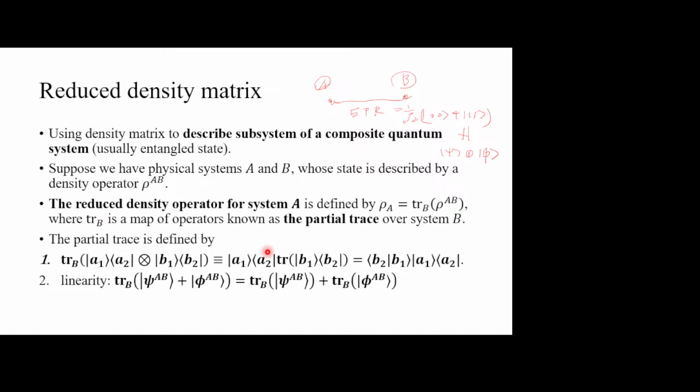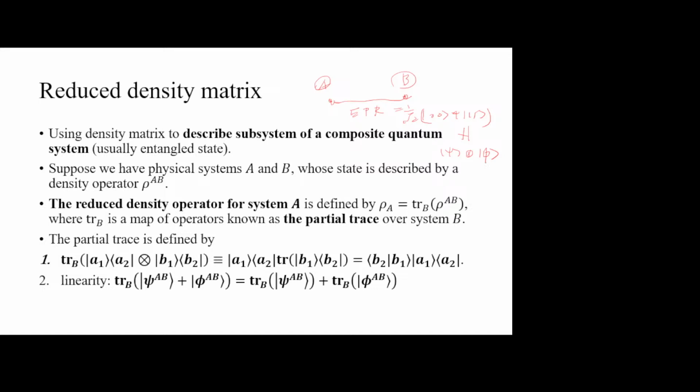So A1 A2 is still on the first system, and you trace the second system, and this becomes a number, just the inner product of B2 with B1 times A1 A2. This definition is only defined on a very special kind of state. So we only define it on states that are tensor products of each other, and we extend this definition to all density matrices.